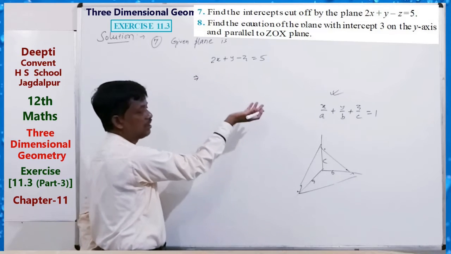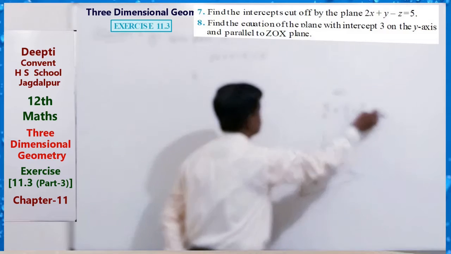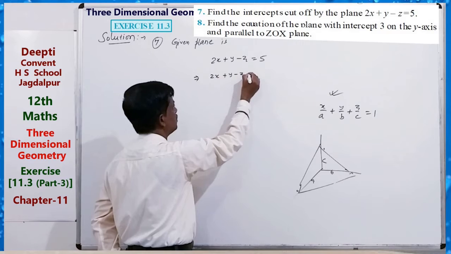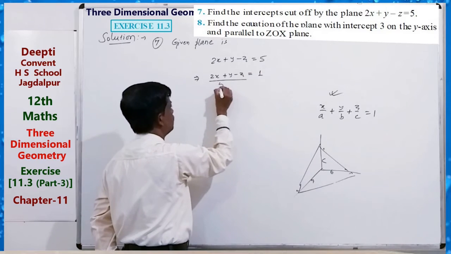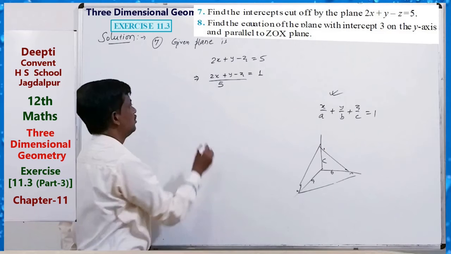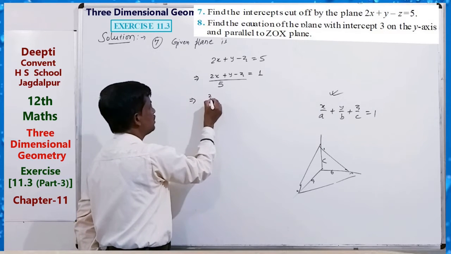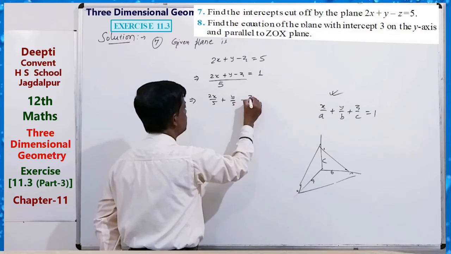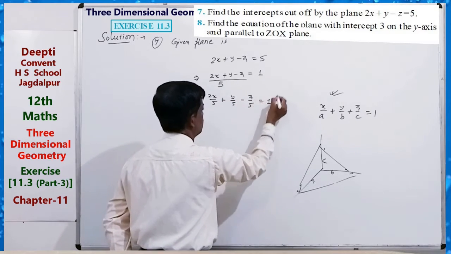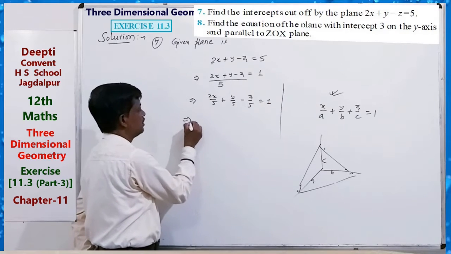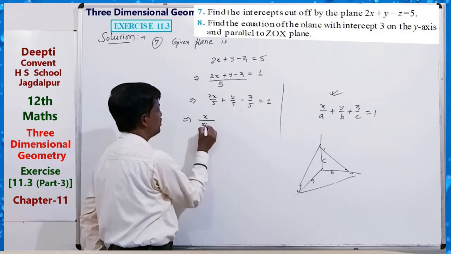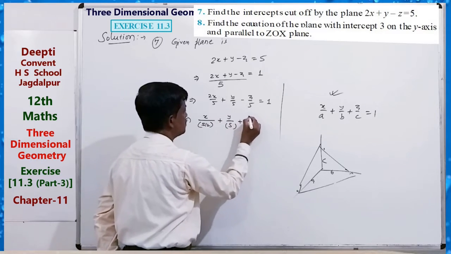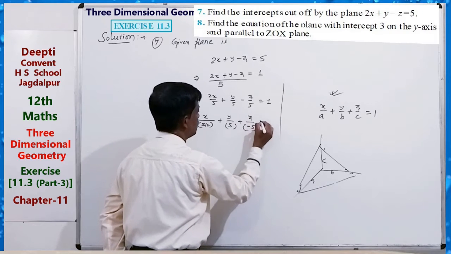Because the right hand side is 1, we have to make it 1 here. So 2x plus y minus z equals to 5, dividing by 5 on both sides, implies 2x by 5 plus y by 5 minus z by 5 equals to 1. Okay, so here x upon 5 by 2 plus y upon 5 plus z upon minus 5 equals to 1.